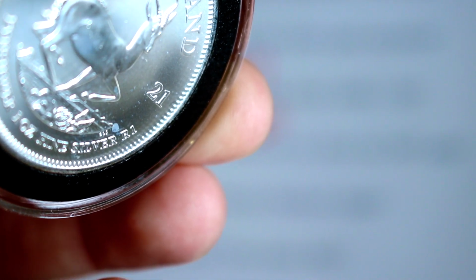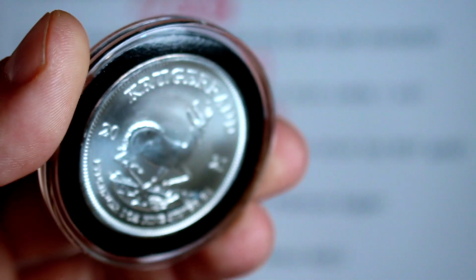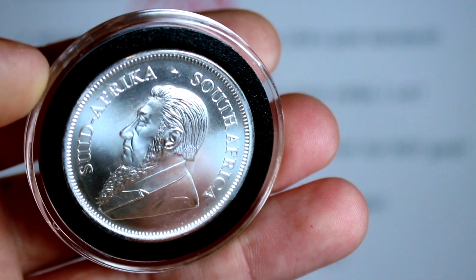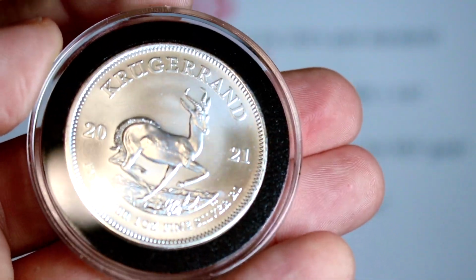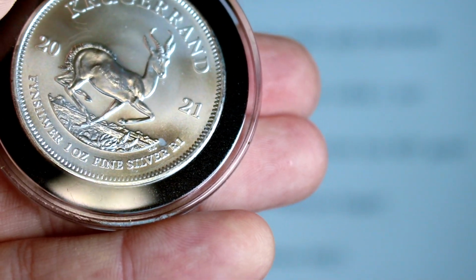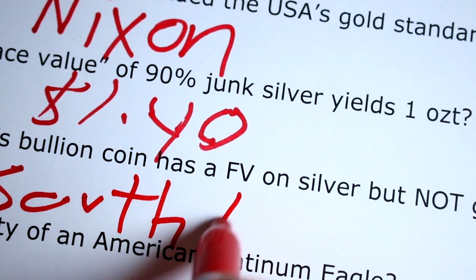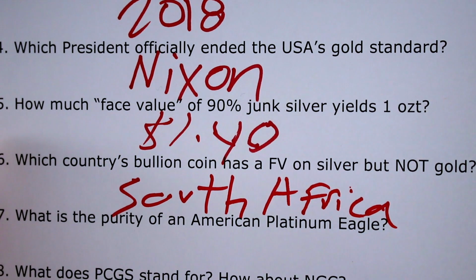That actually stands for Rand 1, or 1 Rand, hence the name the Krugerrand, because this guy's name is Paul Kruger. However, if you were to look at the gold 1 ounce coin, you would find that there is no such face value in this location. The answer, of course, is South Africa. I think I'm gonna have to start typing my answers.